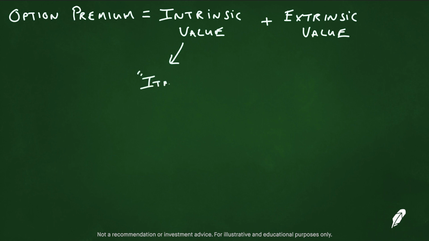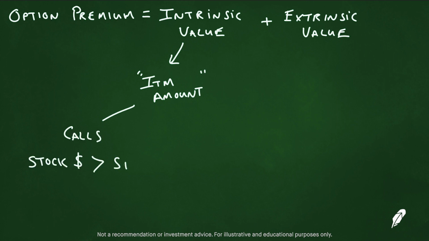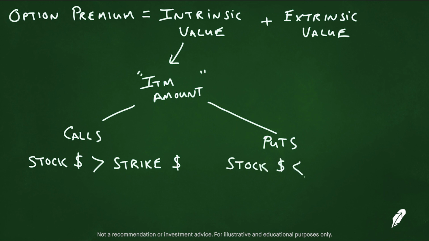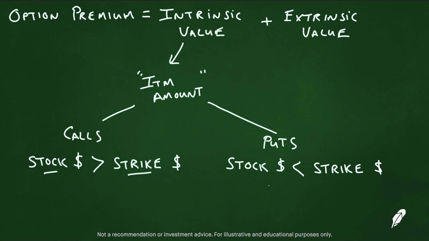Now, for call options, this is when the stock price is greater than the strike price of the option. For puts, this is when the stock price is less than the strike price. When that happens, that difference between the stock and strike price is the in the money amount or intrinsic value of the option.